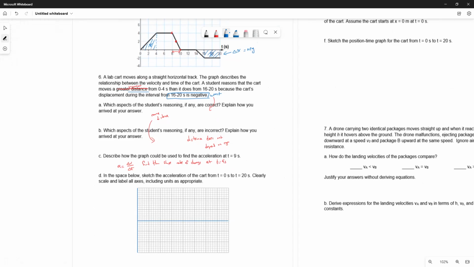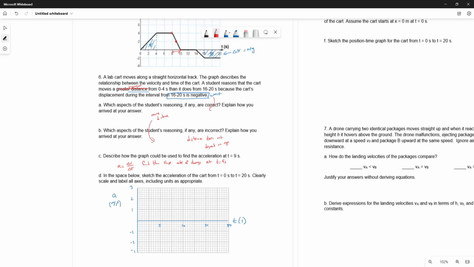Let's do 5 here, 10, 20, 30. Okay, and we'll do 1, 2, and then 3, -1, -2, -3. This is acceleration in meters per second squared, and then this is time in seconds. That's all the labels we need to add.